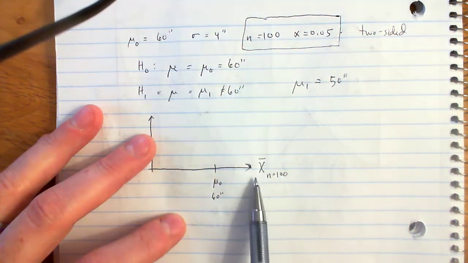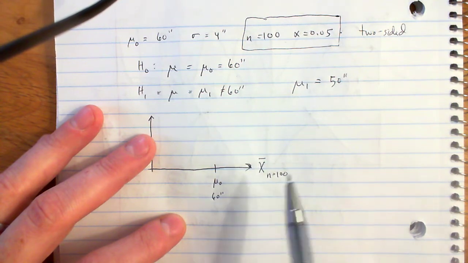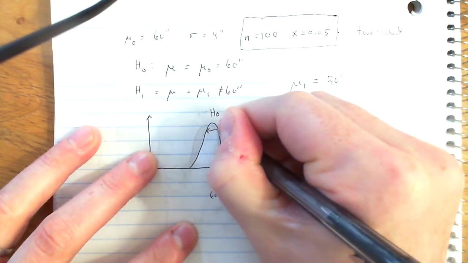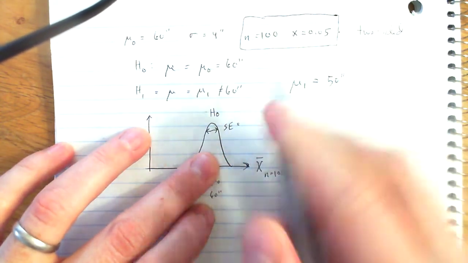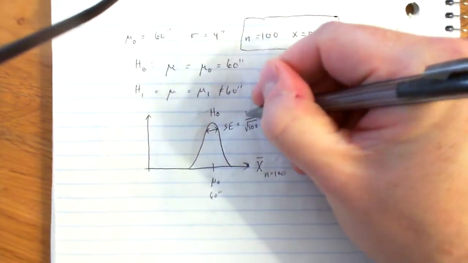That's the standard error of the sampling mean. So anyway, you draw the theoretical null model. Here's H0. You expect that width to be sigma, which is 4, over root sample size, which is 100.